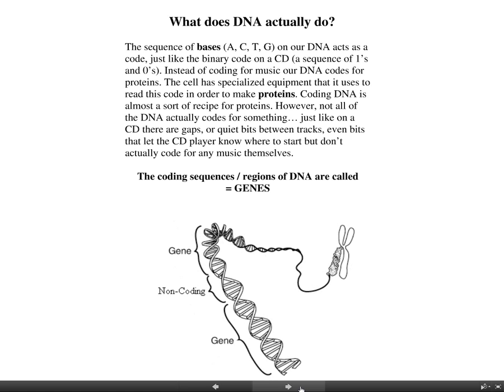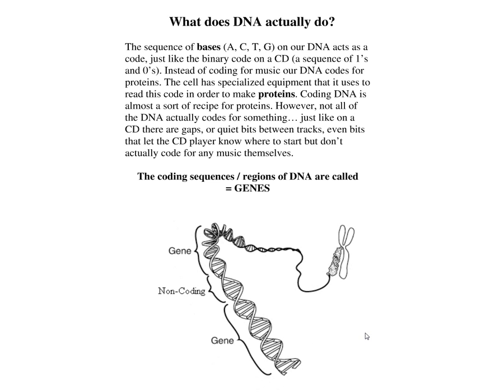And so the sequence of bases on the DNA, those A's, C's, T's, and G's, are what actually code for the proteins. And you can go watch my video on what proteins are, but proteins are the moving working parts of a cell. So the enzymes, the receptors, and they're really what make the cell function. So if you think of a cell as a building, the organelles might be the rooms within the building.